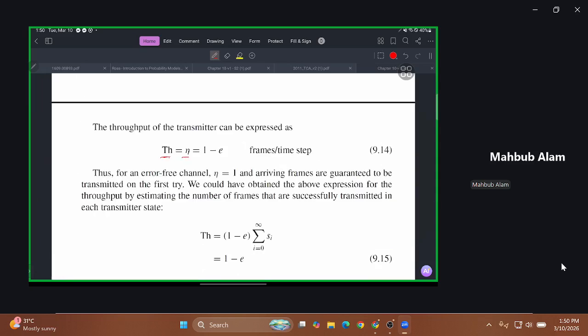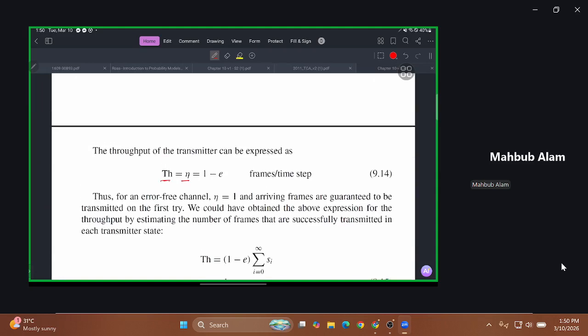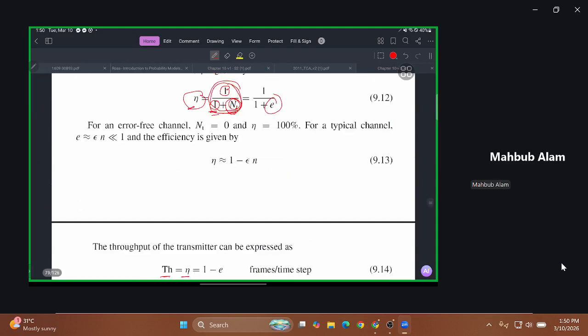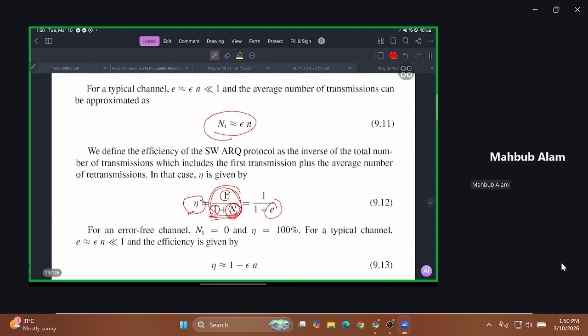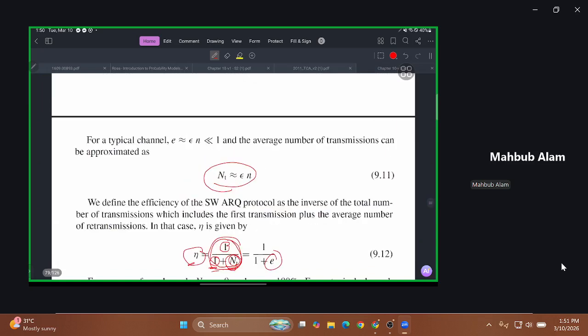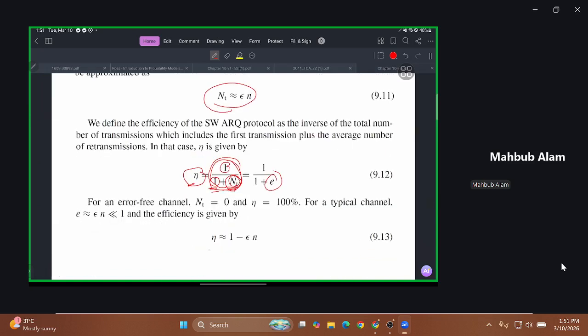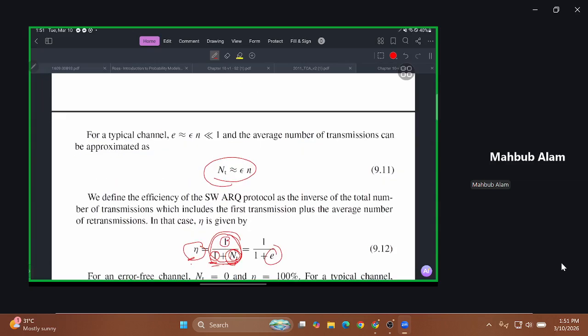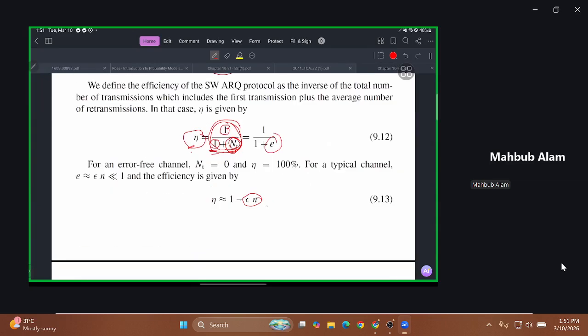They define throughput and efficiency similarly. Efficiency is 1 minus epsilon_n. This epsilon_n is equal to E, so it is approximated as 1 minus this, which is the efficiency.